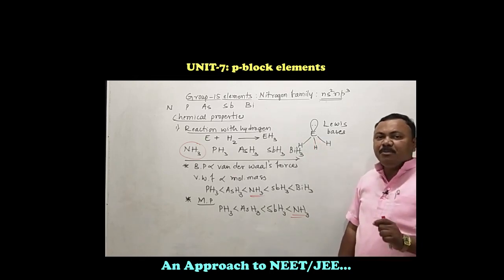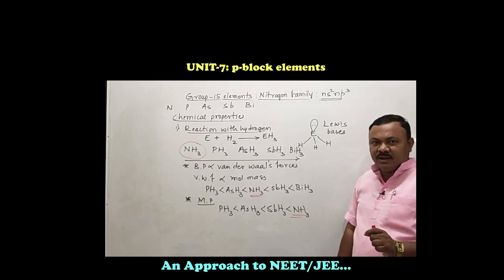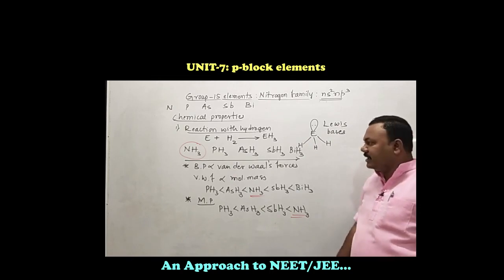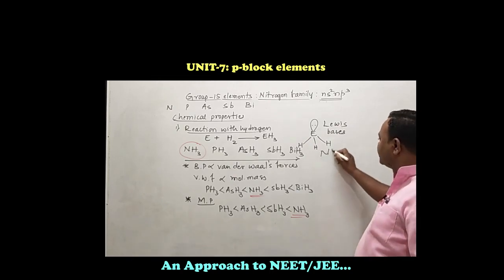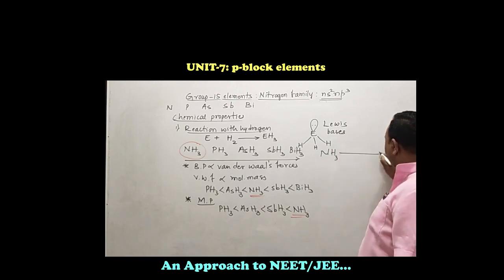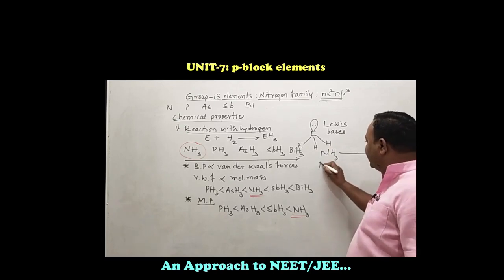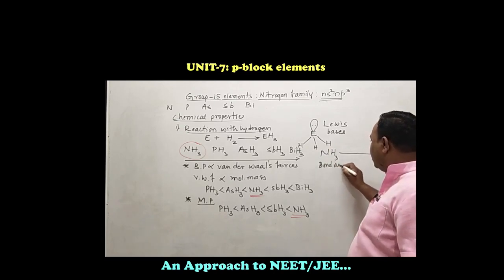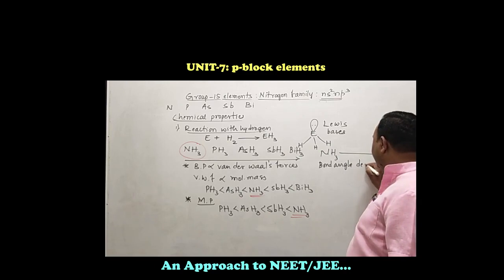Due to decrease in bond pair repulsion, bond angle goes on decreasing. So from ammonia to bismuthine, bond angle goes on decreasing.